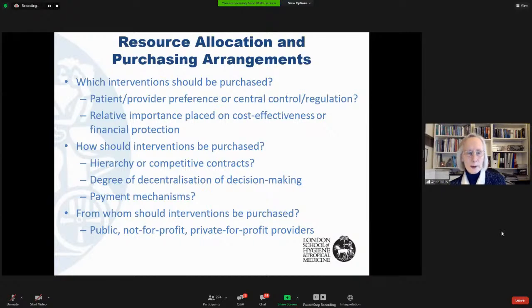And then, of course, the question of what payment mechanisms you use in purchasing interventions, very important in terms of influencing service provision. And finally, from whom should interventions be purchased? What scope do countries allow within a purchasing mechanism for freedom of purchasing from all types of providers, including private for-profit providers, or is the purchasing arrangement essentially within a system of public ownership of healthcare?